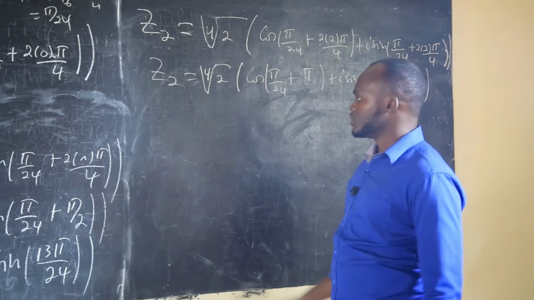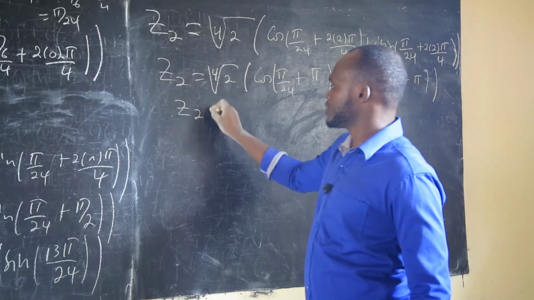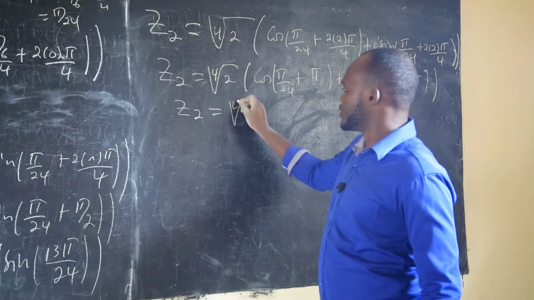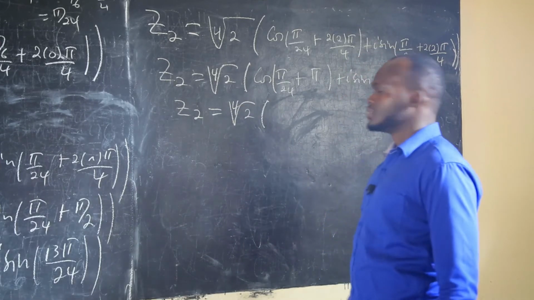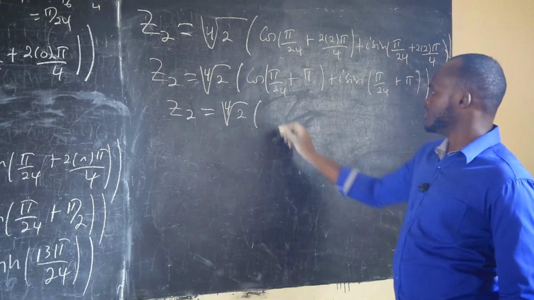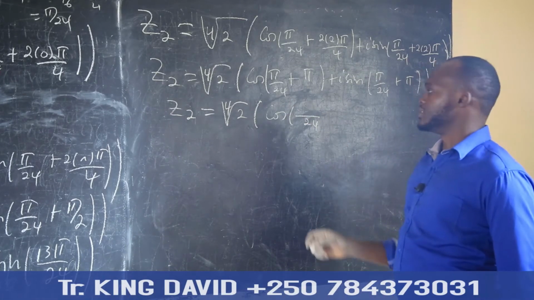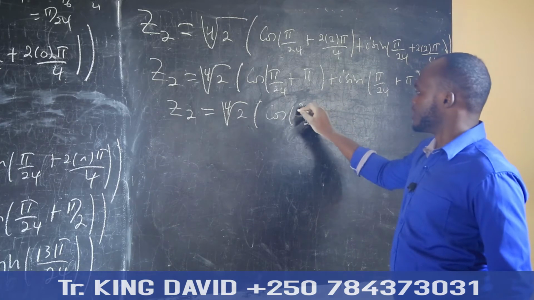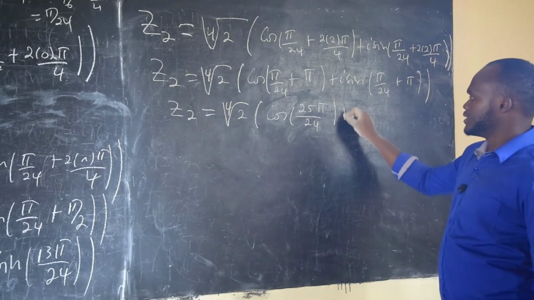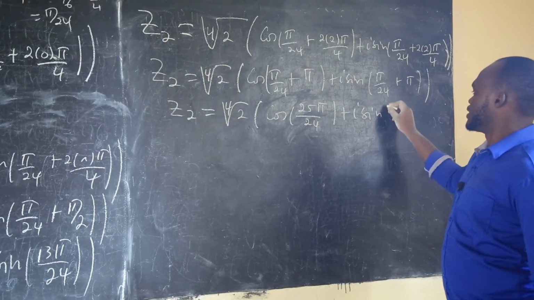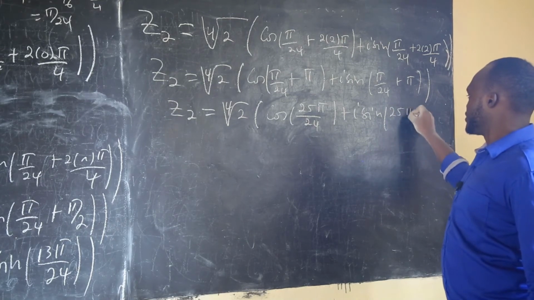Finding the LCM, which is 24, that is pi plus 24 pi, giving 25 pi over 24, so z2 equals the fourth root of 2 into bracket cos 25 pi over 24 plus I sine 25 pi over 24.